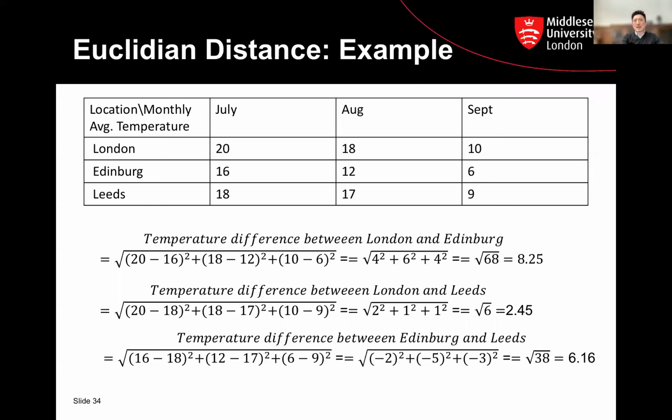Okay, so one other way you can do is calculate the difference for each month and then do an average. So you can say the distance for July is 4 degrees, for August is 6, and for September is 4. And then you can do an average that gives you some other number. That's another way.